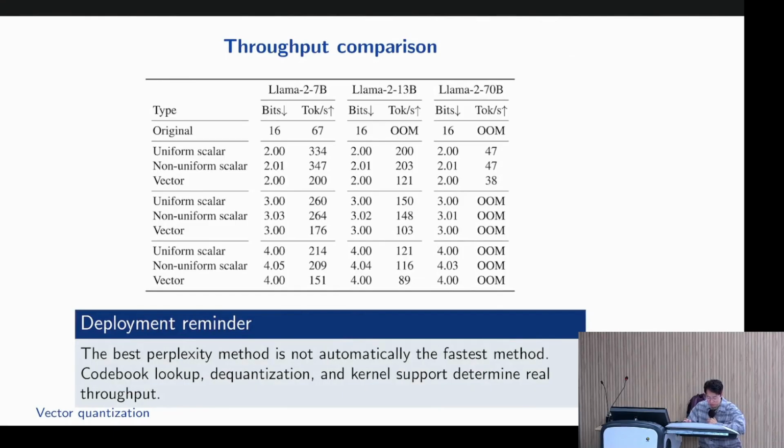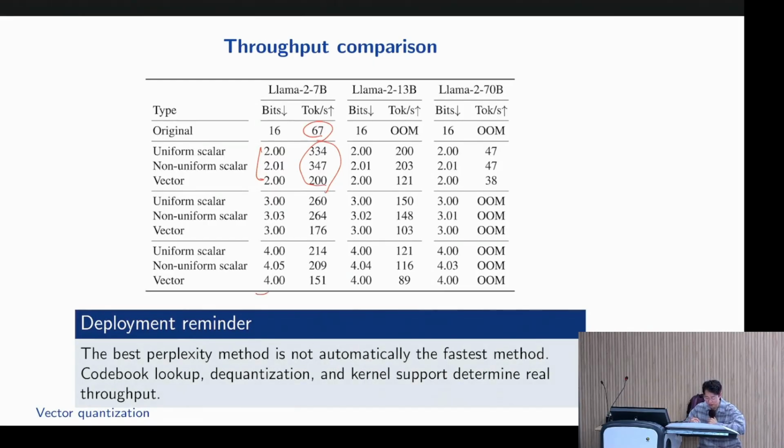So how about the throughputs? Of course, if you use 2-bit quantization, uniform, non-uniform, or vector, you get about 300, 200 tokens per second, and the original throughput was 16 tokens per second.